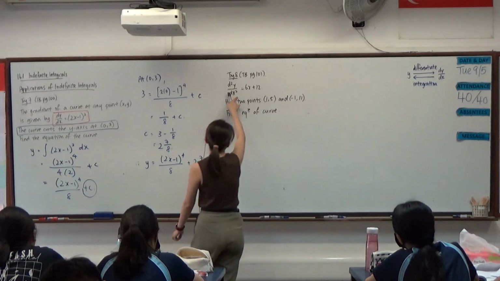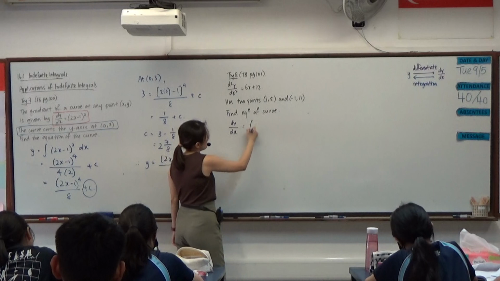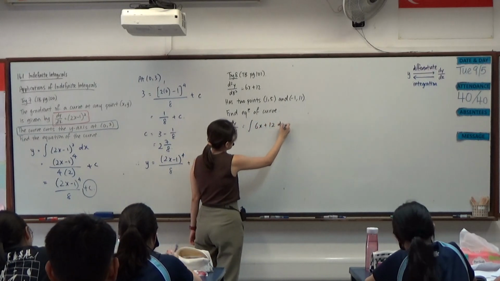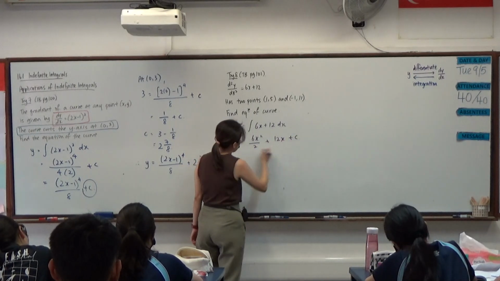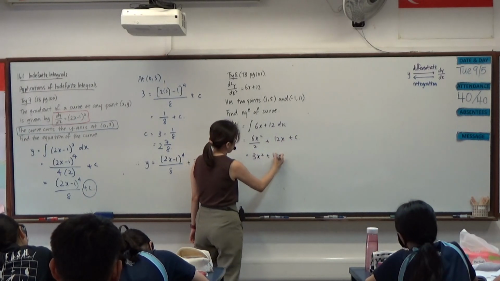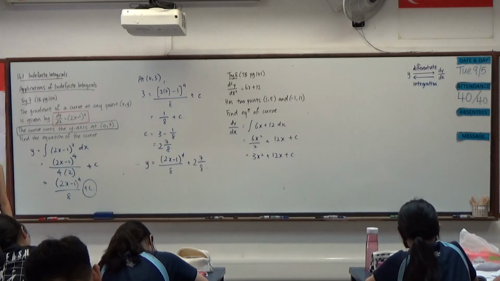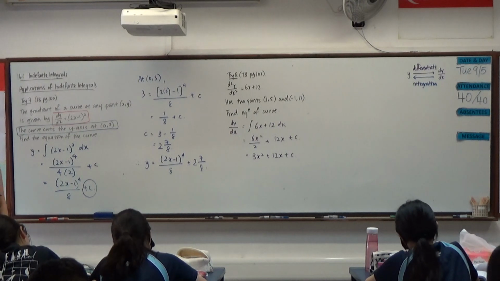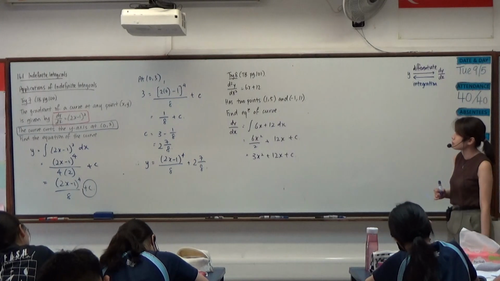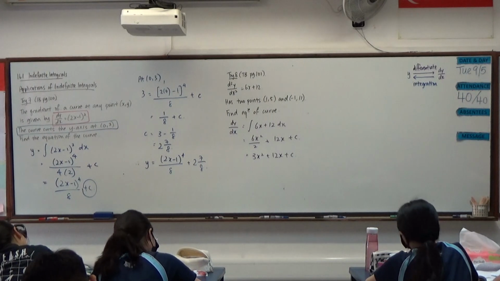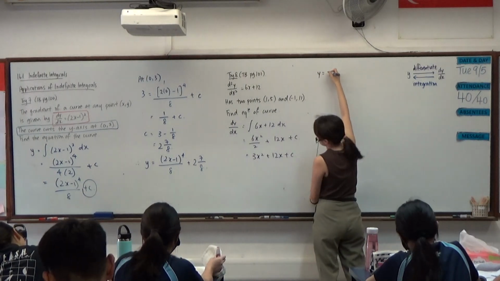So when I integrate the second derivative, what we are going to get is our dy over dx. So we will have 6x squared over 2 plus 12x plus c. So our dy over dx will be 3x squared plus 12x plus c. Then we will do a second round of integration in order to find out what is y.